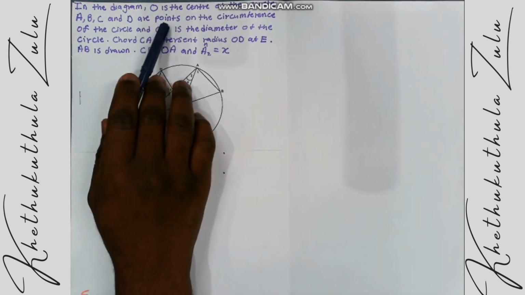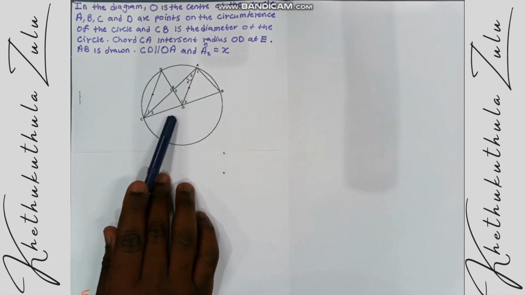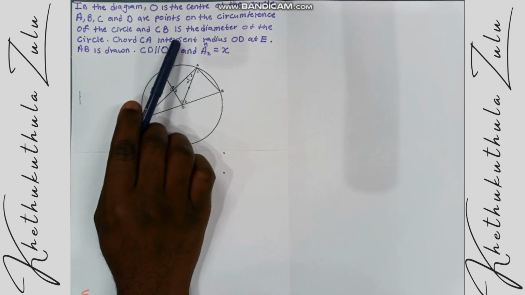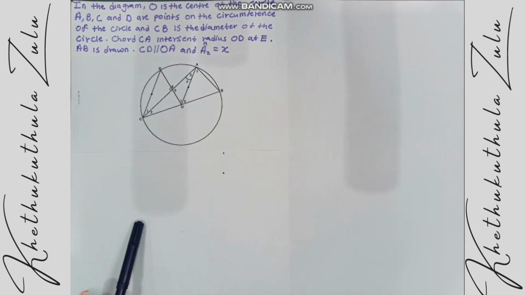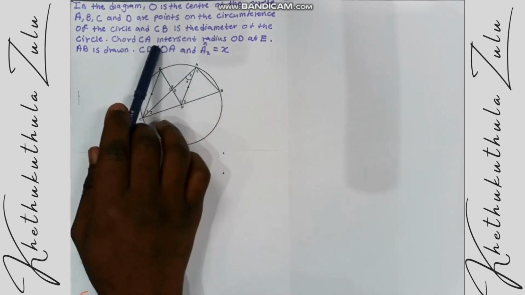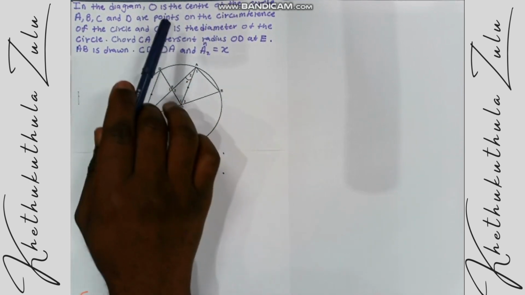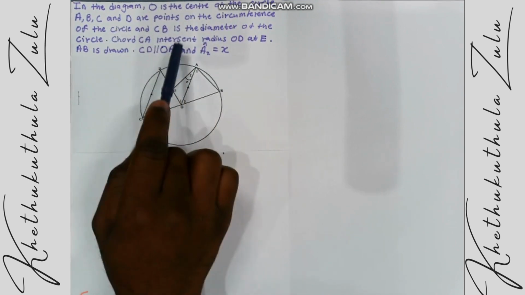There is this statement here and there is this diagram here. First thing that you need to do, you must read this statement before you come to the question. Why? Answers are here.